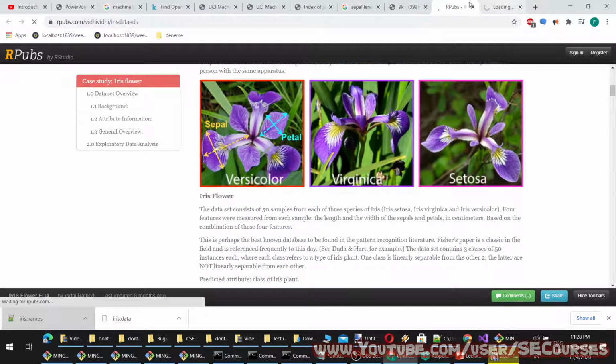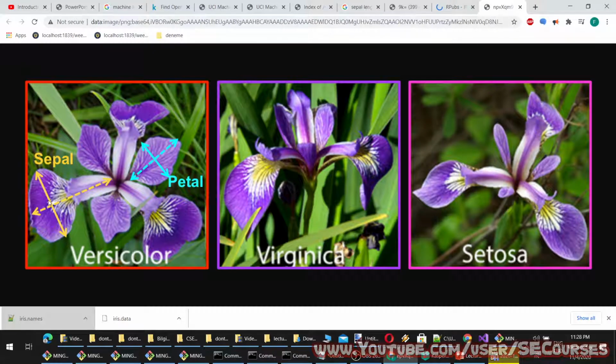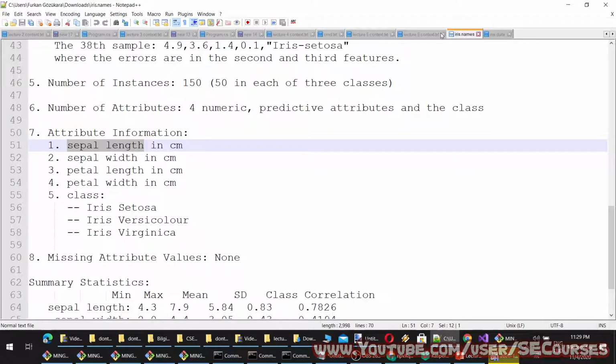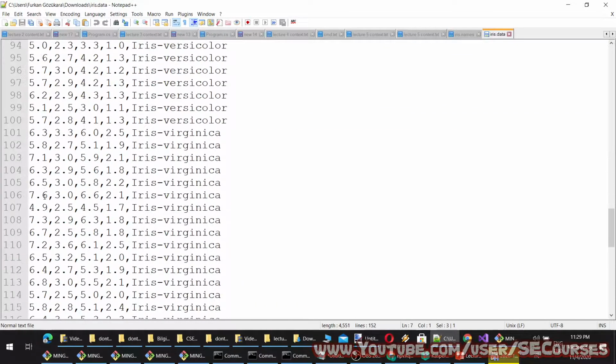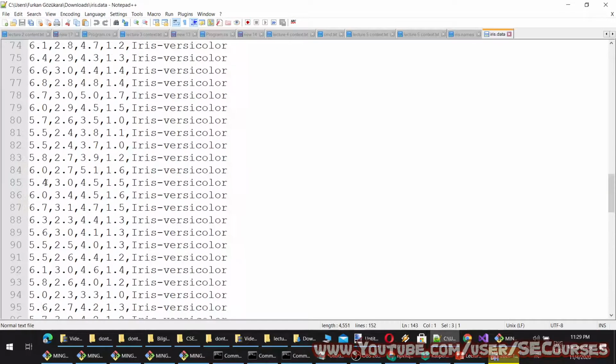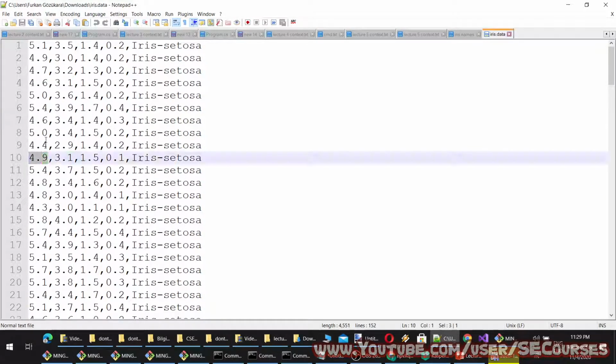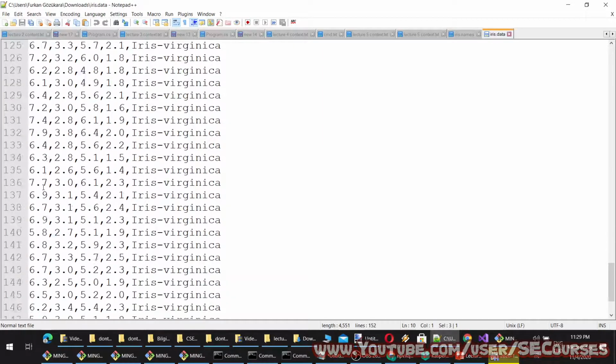This is how real world data is turned into features. So this is the sepal length. For each type of iris plant, they have calculated the different attributes of the plant. This is the sepal length, the first attribute, and it is recorded like this. Currently it is in centimeters, so this data is not scaled or transformed into a range.